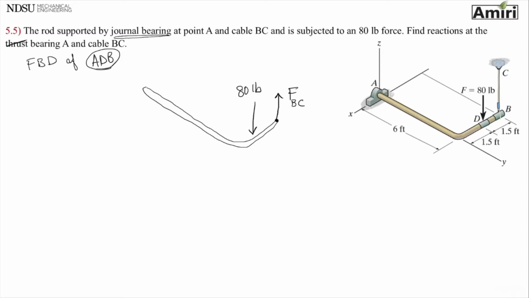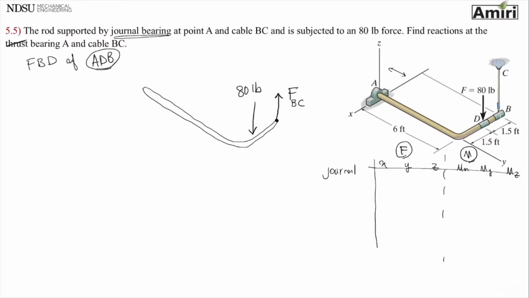I'm going to have this little table here. In 3D format, we are going to have X, Y, Z, and MX, MY, MZ. These are indication of forces. These are moments.